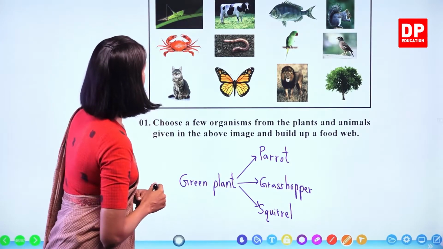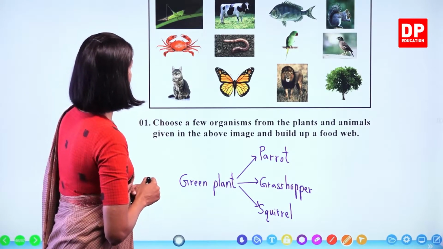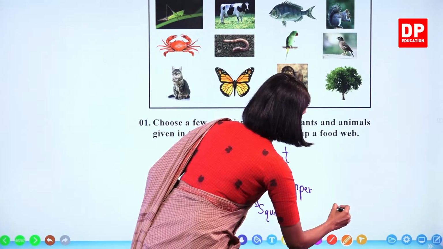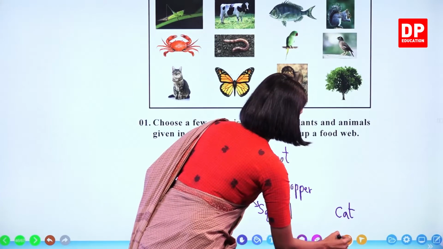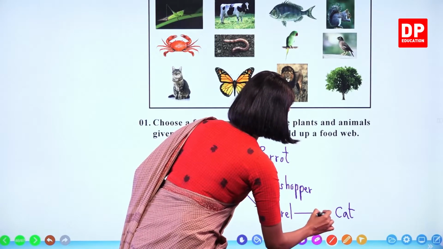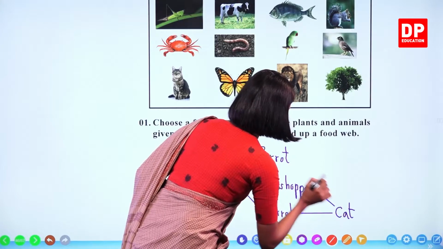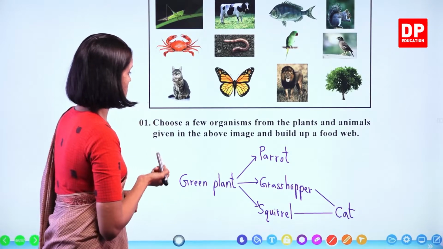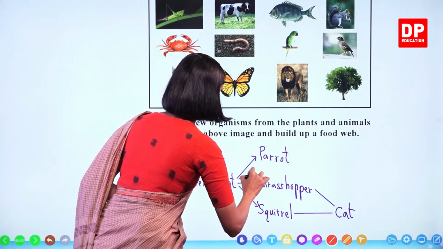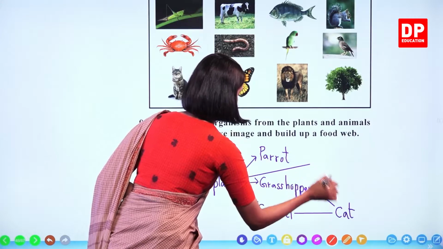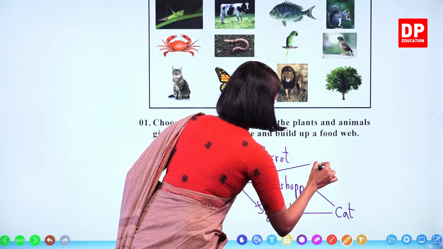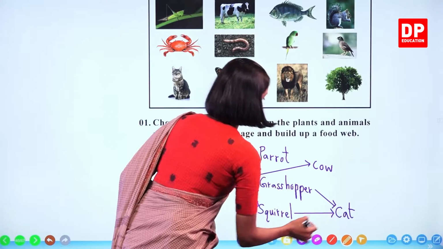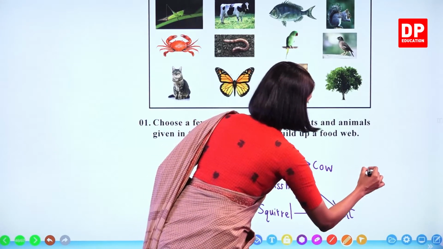And then we can write, the cat eats the squirrel. And the grasshopper too. We can even here write cow. And lion.